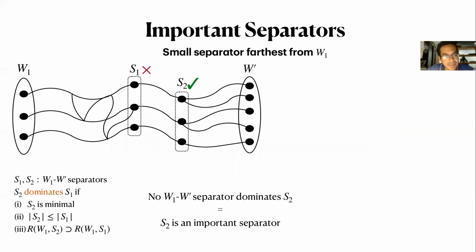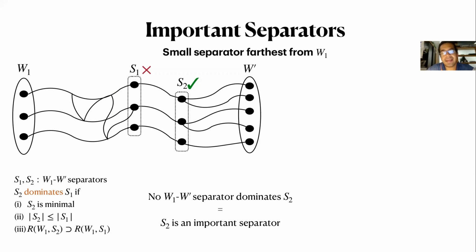So how do we define important separators? Suppose S1 and S2 are W1-W' separators. First we define the notion of domination. S2 dominates S1 if S2 is inclusion-wise minimal, the cardinality of S2 is less than or equal to the cardinality of S1, and the reachability graph of W1 after removing S2 is a superset of the reachability graph of W1 after removing S1.